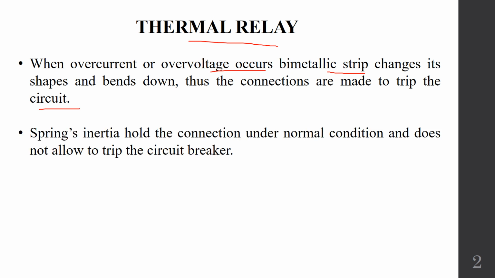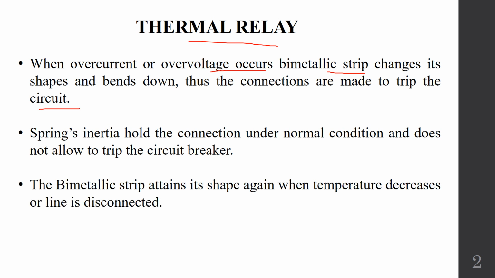Also, a spring is used in the system to hold the connection under normal conditions, and this spring inertia does not allow the relay to operate when there is no fault in the system. The bimetallic strip regains its shape again after the temperature decreases or when the line is disconnected.